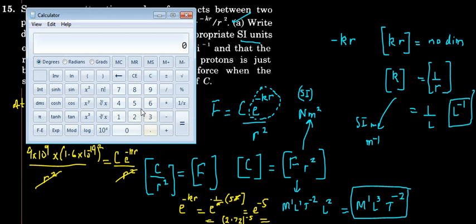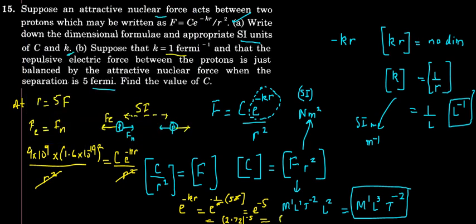We have 2.72 raised to the power of minus 5, and we get 0.0067. So e to the power of minus 5 is 0.0067.